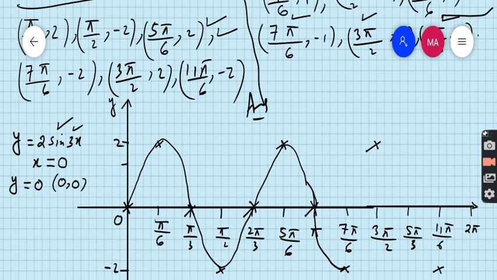I am checking. Kindly wait, I am finding one more value.